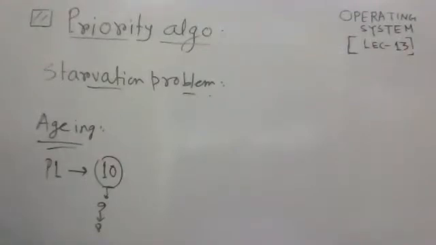So the starvation problem exists in priority algorithm, and using the aging concept we can solve it. Okay, so this is all about priority scheduling algorithm, non-preemptive priority and preemptive priority.